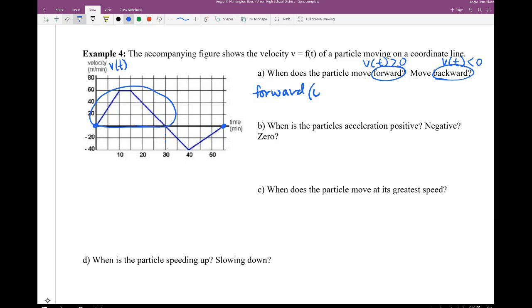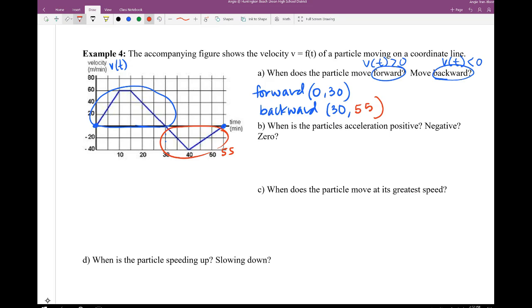We're just starting. So 0 all the way to 30. Then it's going backwards. Backward starts at 30. So 30 is where it's 0, and that's where it's about to change direction. So it's not going anywhere, it's holding still. All the way to, this is negative right here, and that's 50, so that's 55. So 30 to 55.